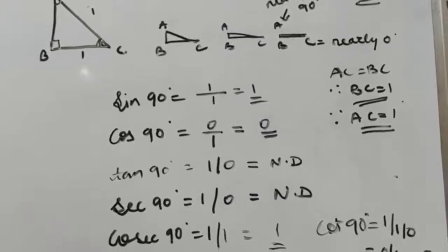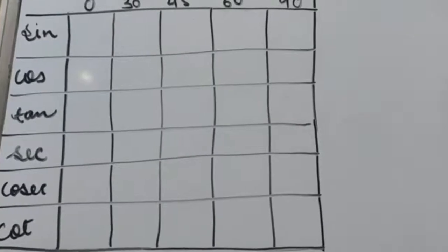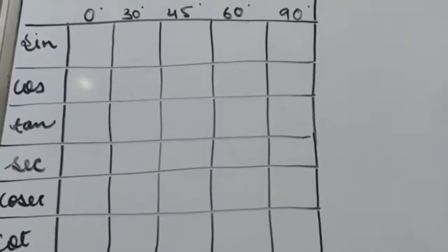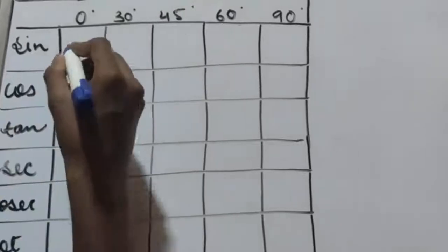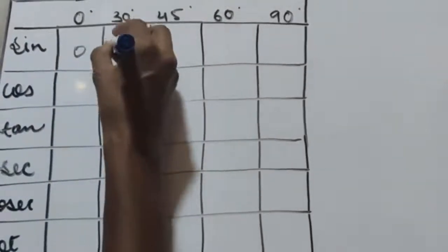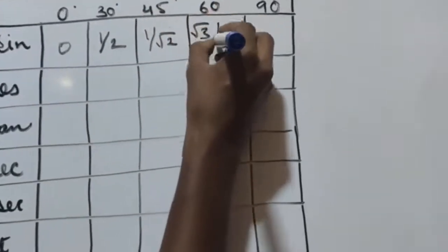Okay. So friends, as we have now learned how to derive the values for different trigonometric ratios at different angles, let's draw the table now. For sine, the values are 0, 1 by 2, 1 by root 2, root 3 upon 2, 1.